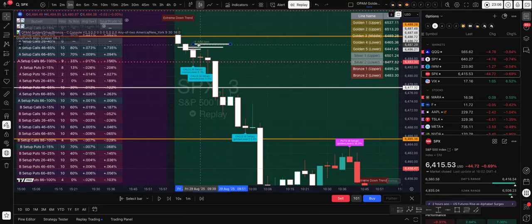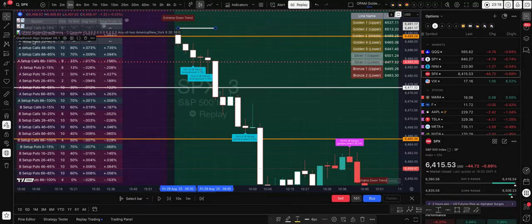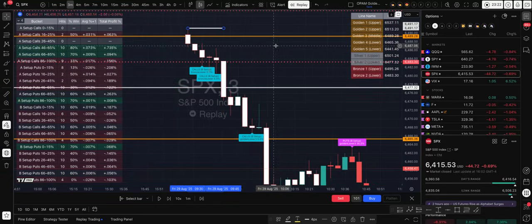Then you can continue to trail with the 9 SMA or anything that you guys use to exit. VWAP is also an option. That's a different story. I will just close this here.